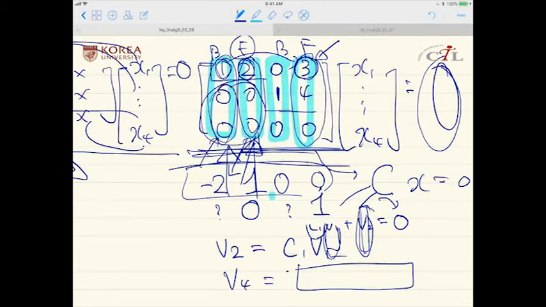So we can just adjust this value so that we can cancel this value out. So the value will be negative 3, right? And then what is the value over here? Negative 4, right? Okay, so this one is another non-trivial solution of our homogeneous linear system, right?